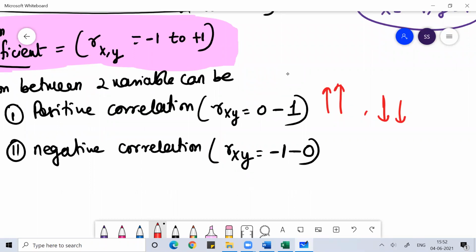Suppose 50% of your money you put in Infosys and 50% of your money you invested in TCS. Both are IT based companies.